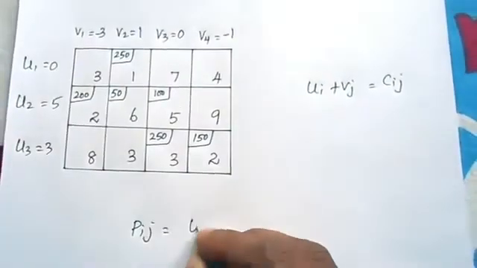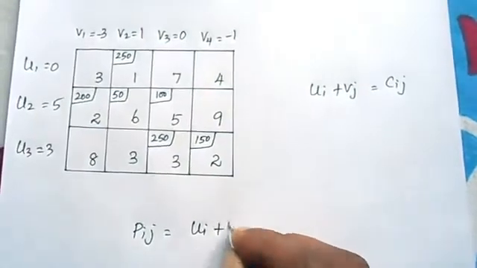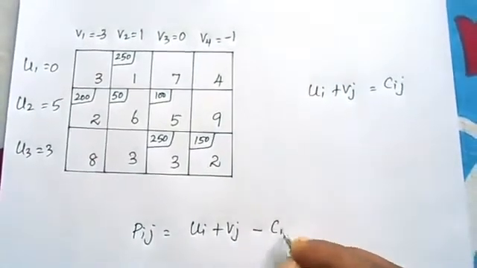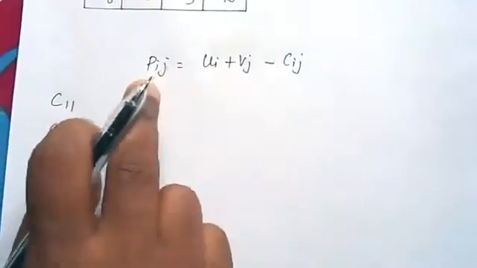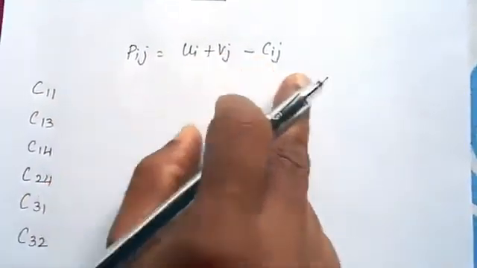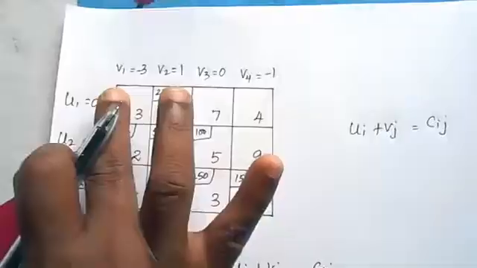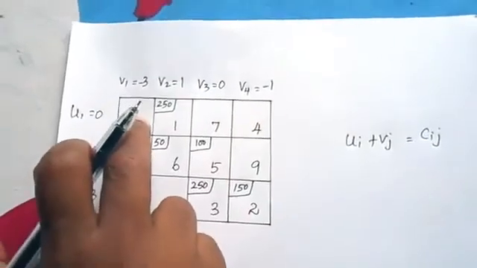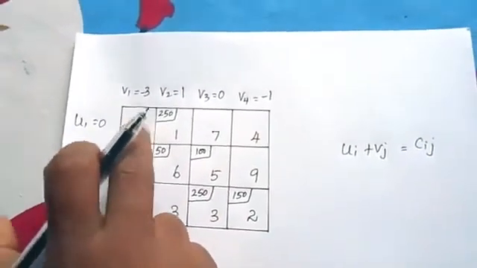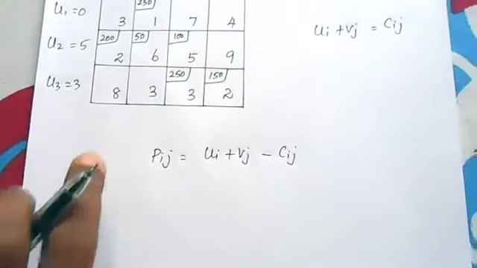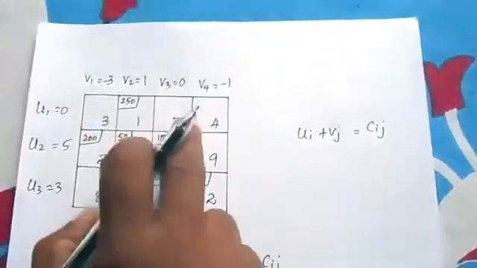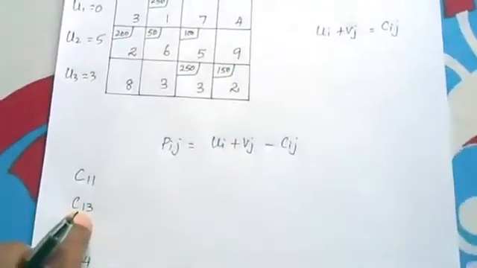Penalty Pij is equal to Ui plus Vj minus Cij. So we need to find penalties for all non-allocated cells by using this formula. In the first row, this is a non-allocated cell. This represents C11. This cell represents C13.